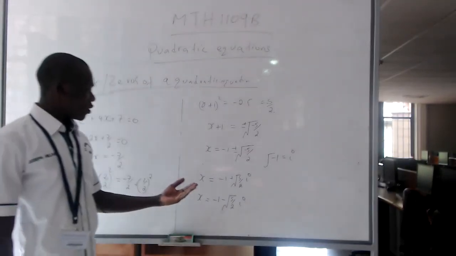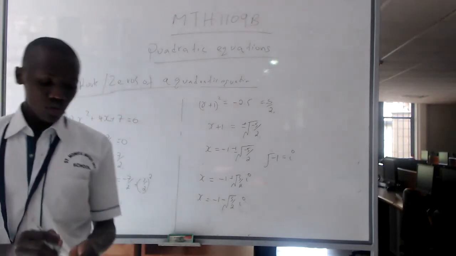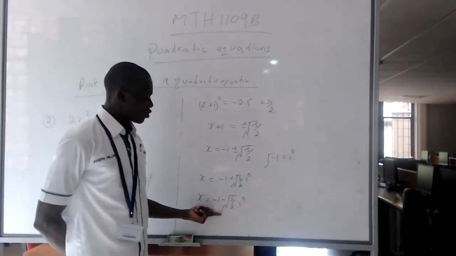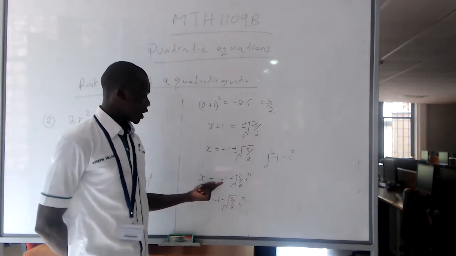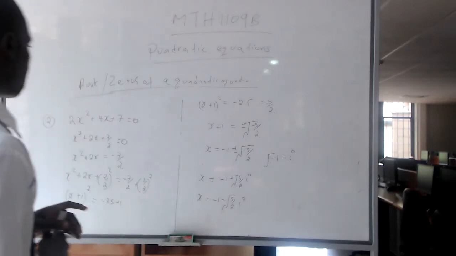And when you obtain complex roots for a quadratic equation, they will always be conjugates of each other. So you realize that the second root is the complex conjugate of the first. This was a very nice example.